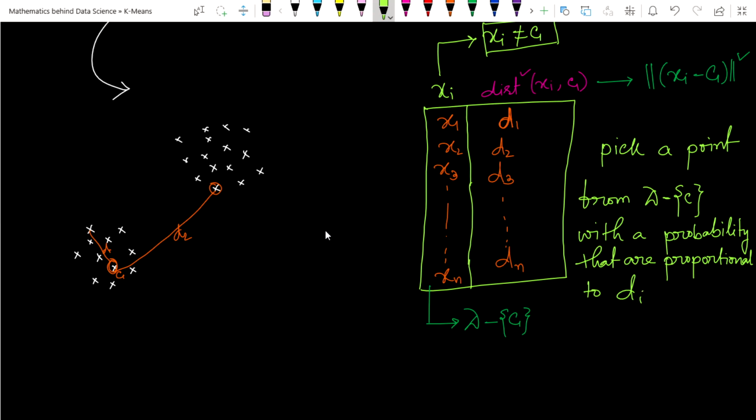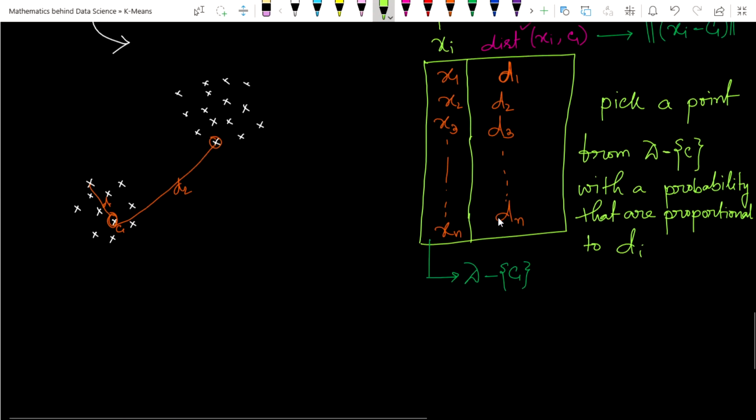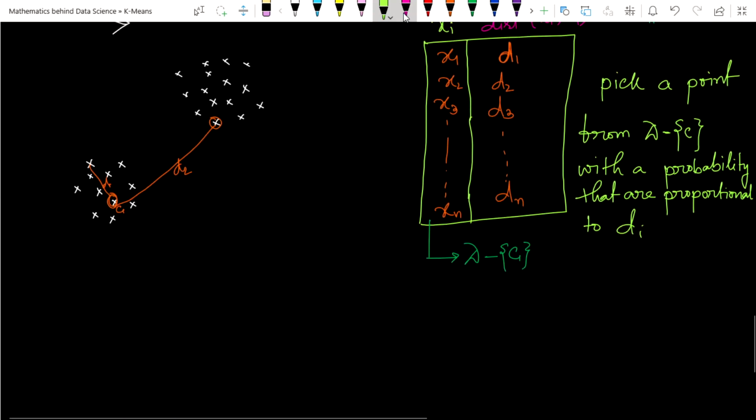Written mathematically, it goes like this.